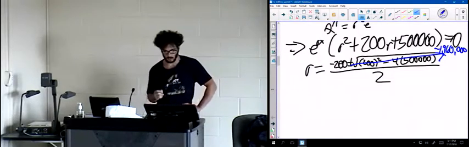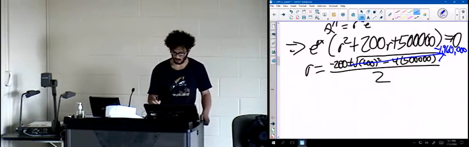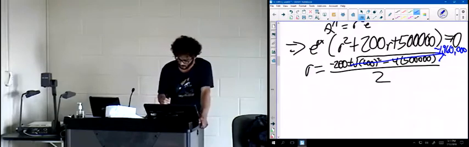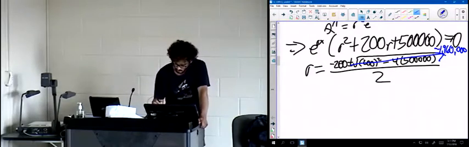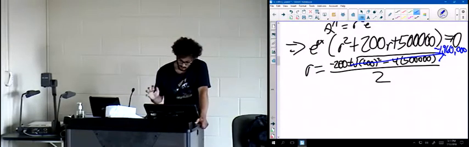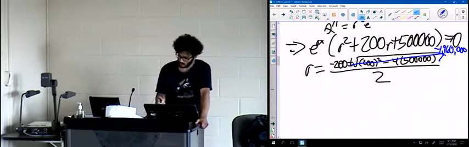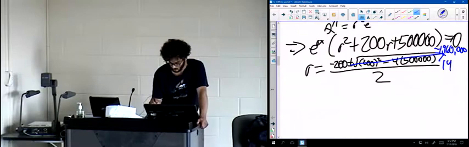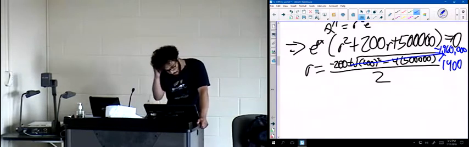And you can actually take the square root of that. Well, it's imaginary, of course, it's a negative number. But if you disregard the negative, you can take the square root of that big number there, and it leaves you 1,400.